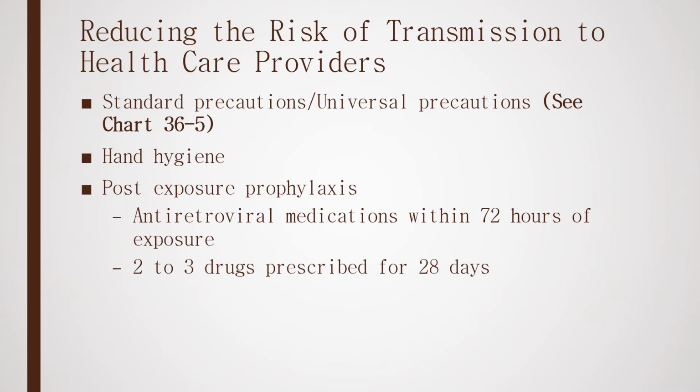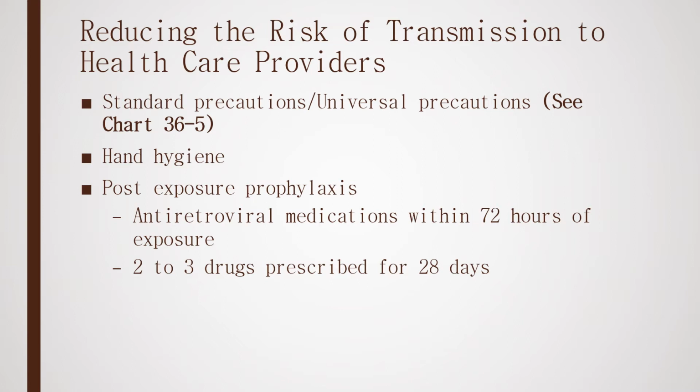Don't forget, you do not need to know if a patient is HIV positive or not. You always have to follow the standard precaution or universal precaution. You can read chart 36-5 for more information.